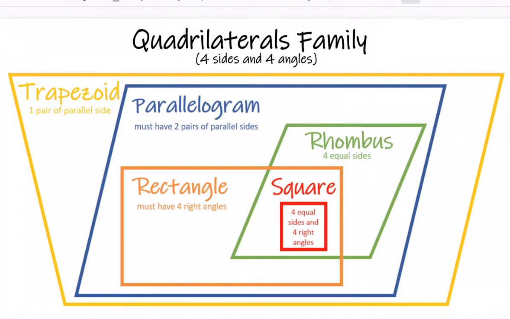So when you are given a shape, whether it be a square, you can say a square is both a rectangle and rhombus, and a parallelogram, and a trapezoid. So the square is in all of them when you start to identify quadrilaterals.